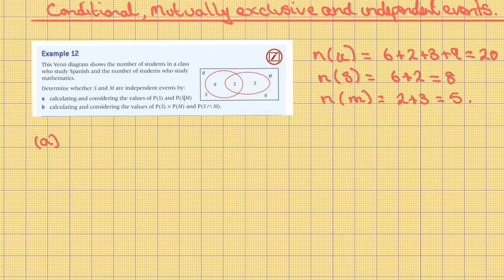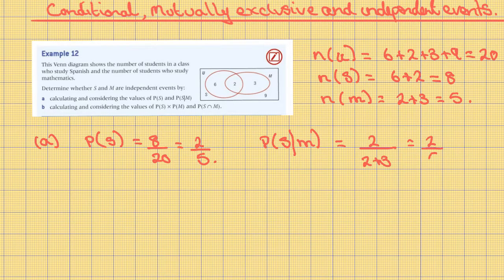A. The probability of S is equal to 8 over 20, which is equal to 2 over 5. The probability of S given that M has occurred is equal to 2 over 2 plus 3, which is 2 over 5.